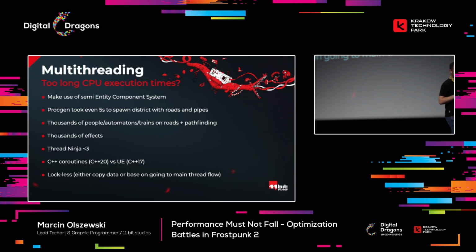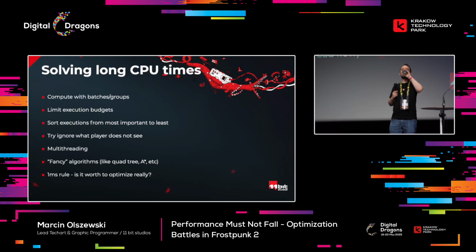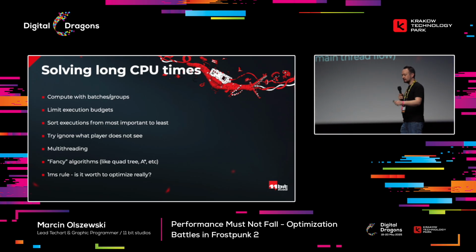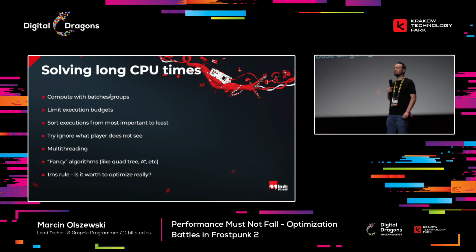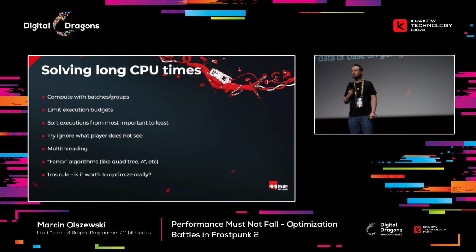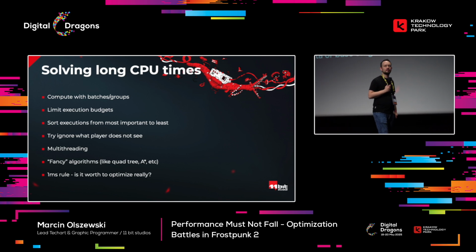So, multithreading. We have, as I said, used the semi-entity component system, and it was quite cool because, for example, we have 1,000 objects of automatons moving on roads, and they all need to update, okay?